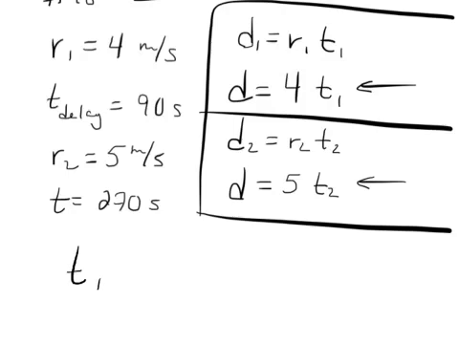So the time up and the time down is not 270 seconds because we wait at the top for 90 seconds. So it's minus. You said plus. This is the total time, T1 plus T2, of the trip itself. The 90 seconds is not part of the trip, so we have to take that away.